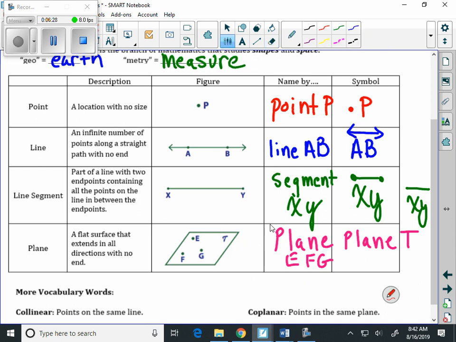It's kind of in italics if you look closely on your paper. And that's another way that we could name that.